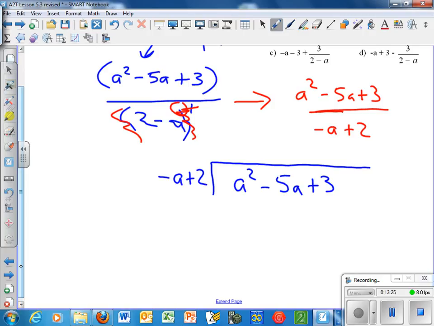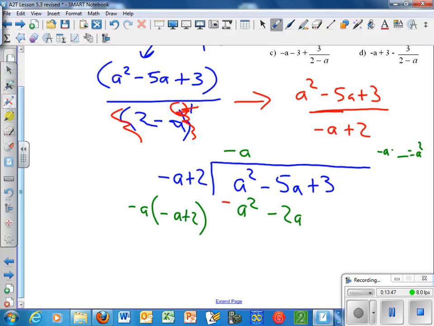Or, think of it this way, negative a times what is positive a squared? Well, it's got to be times a negative, and it's actually times negative a. So I take negative a and distribute that to negative a plus 2. I get a squared minus 2a.